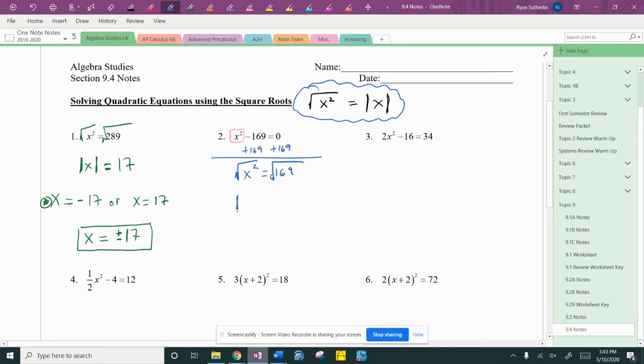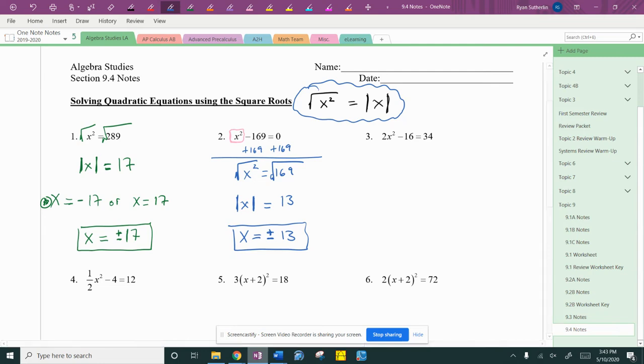The square root of x squared is the absolute value of x. The square root of 169 is 13. And then, if the absolute value of x equals 13, that means x could be positive or negative 13. So we have plus or minus 13 for that one.